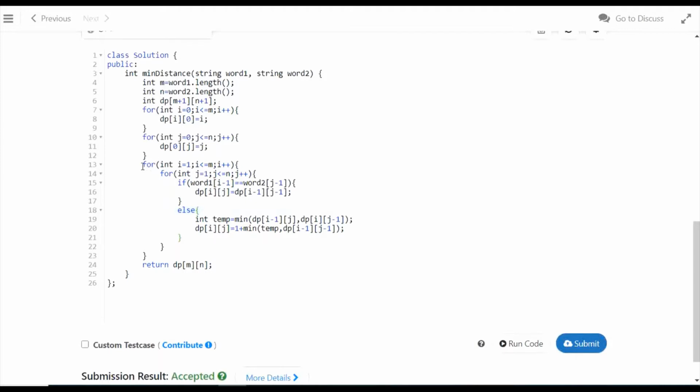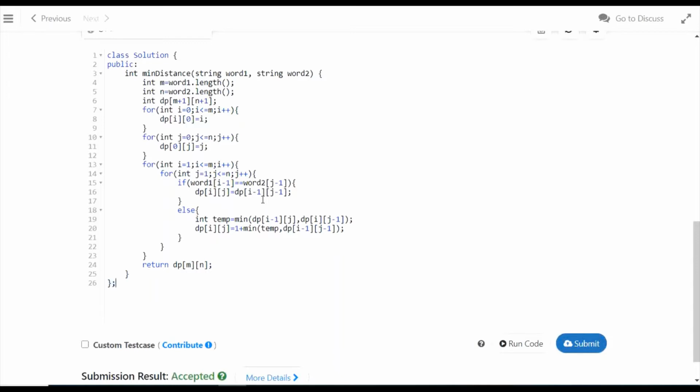And after that, I ran a loop in the entire table. And if the characters were matching with each other, then dp of i j becomes dp of i minus 1, j minus 1, which is the diagonally up element. We do not do anything, no changes, if the characters are same.